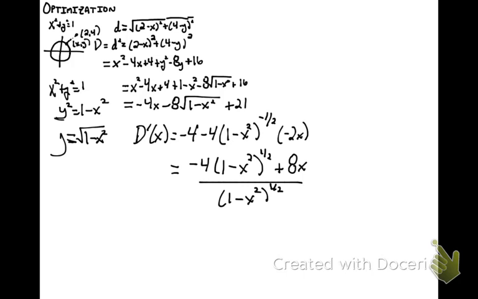We want to know when this equals 0. This will equal 0 when our numerator equals 0, or when 4 times (1 minus x squared) to the 1/2 equals 8x.